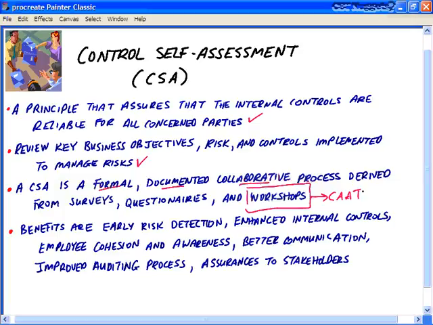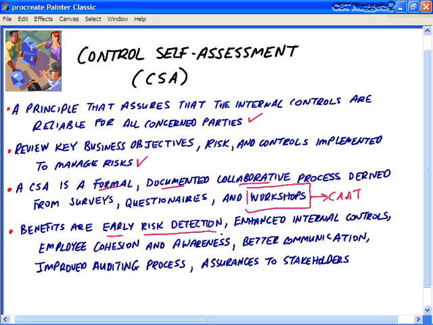From a security standpoint, it would be workshops to update us with new vulnerabilities, new threats to our environment. For example, if we're going to implement a wireless security policy, what are the threats and vulnerabilities from a wireless environment?